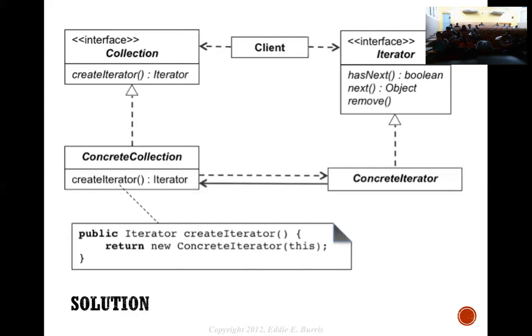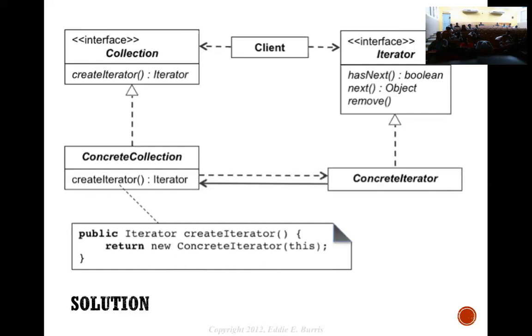So once the concrete collection creates that iterator, it can be used now to actually do the hasNext, the next, and the remove functionality of any iterator. So the point is that remember that even though you're only seeing one concrete iterator here, you could have several different concrete iterators realizing the iterator interface.